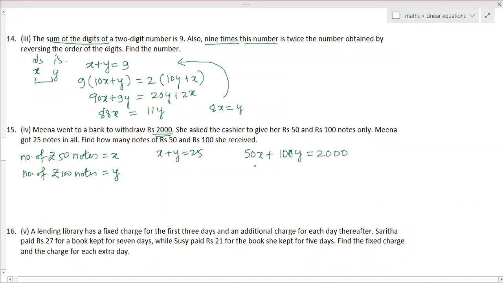Ma'am, is the number of 100 notes 15 and the number of 50 notes 10? Let me check. Even I got the same answer. Yeah, 10 and 15.